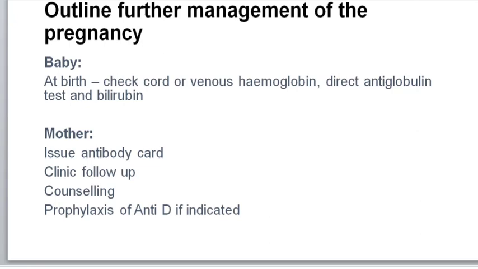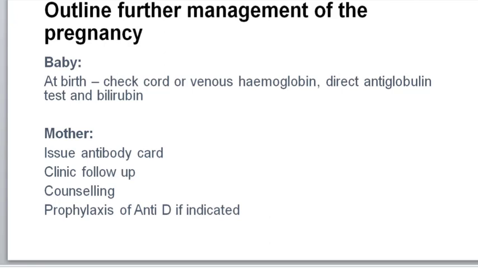The patient would need an antibody card, and update the record of the patient. Most trusts in the UK use electronic records now. So update the electronic record that this patient has antibody, so next time she comes, we can give her K negative blood if indicated.